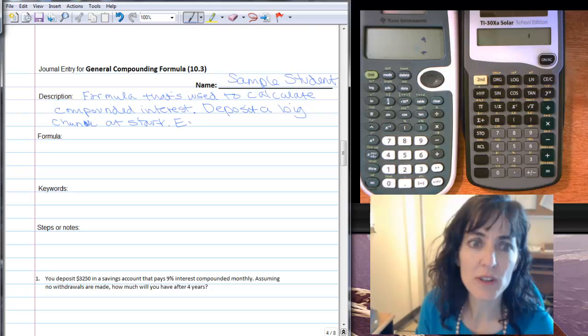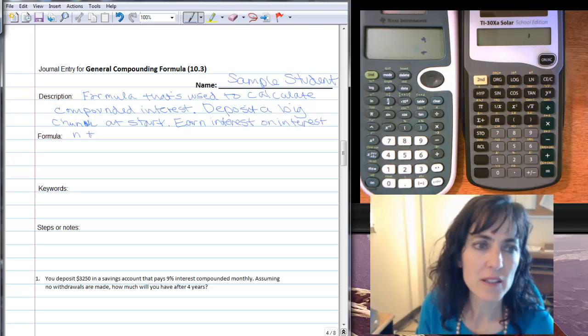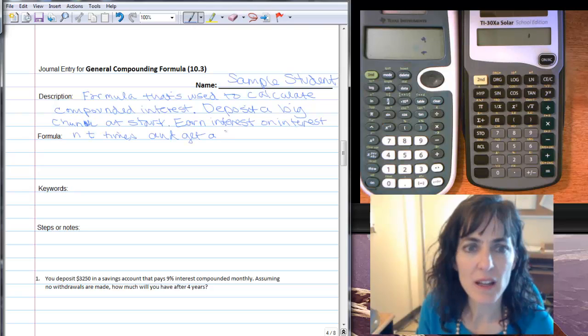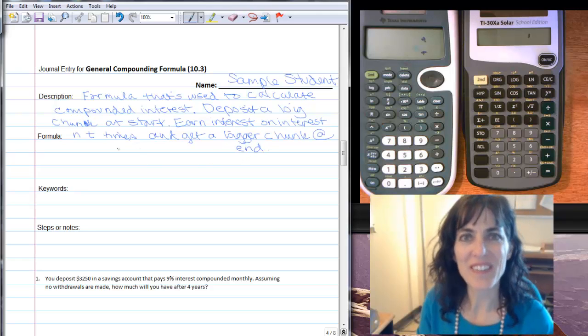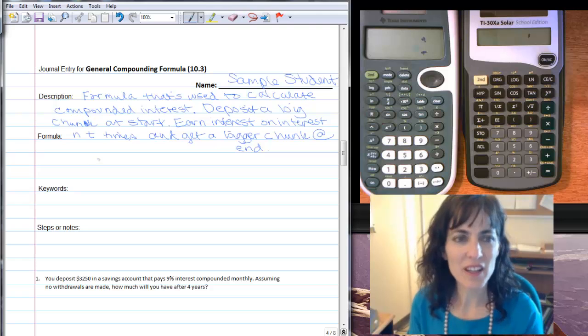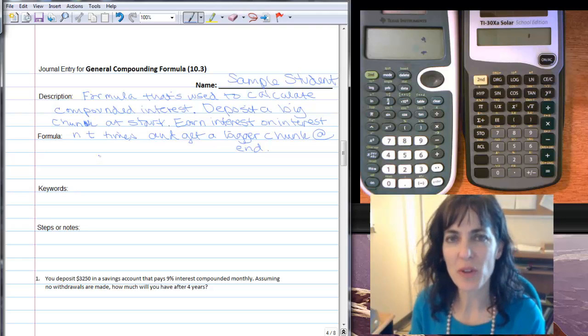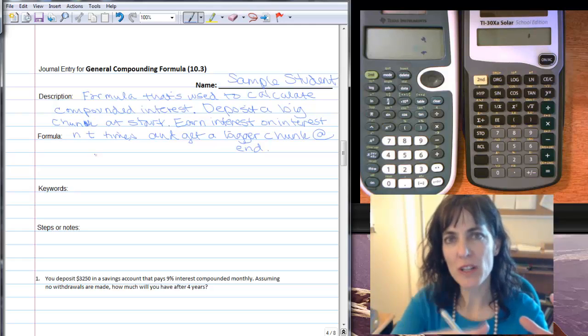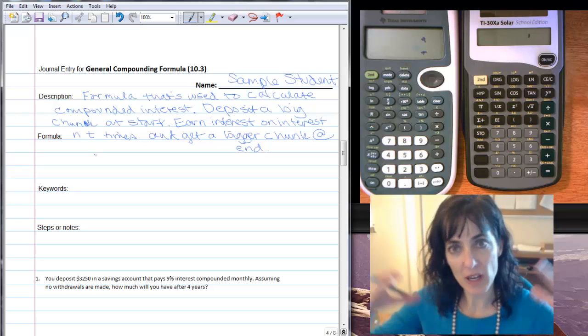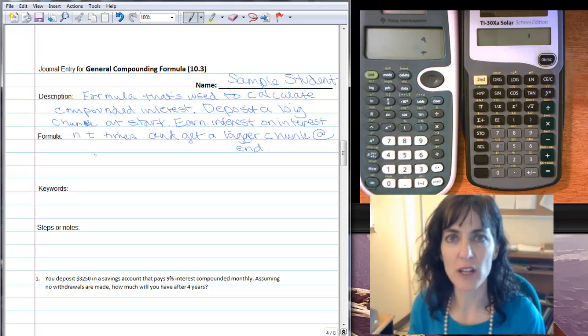You earn interest on interest N times and get a bigger chunk at the end. Okay, so we are getting interest on interest with compound interest, and the other idea that you've got to keep in mind is we put in a big chunk of money, earn interest on interest for some number of times, and then we get an even larger chunk out at the end.